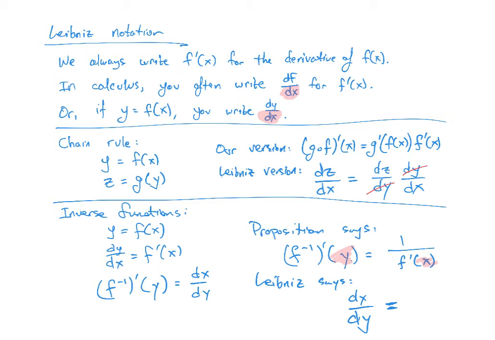But then his version of the right-hand side of what our proposition says would be 1 over dy/dx. Again, if we were allowed to treat dx over dy as a fraction, then 1 over it would be dx over dy. Or maybe I said that backwards. Anyway, this would work out if those were legal fractions.